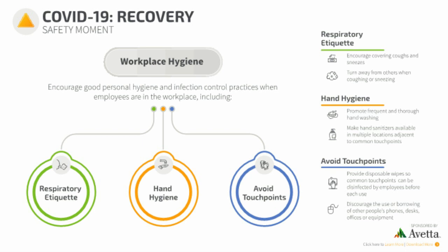So maybe the thought I'd like to leave you with as far as our safety moment is, as you're looking at your workplaces and trying to reduce the risks and reduce the exposures, think about using the hierarchy of controls.